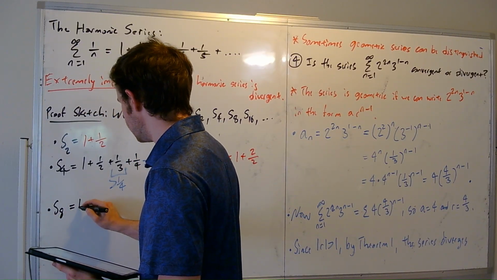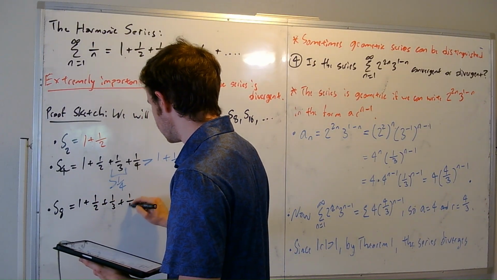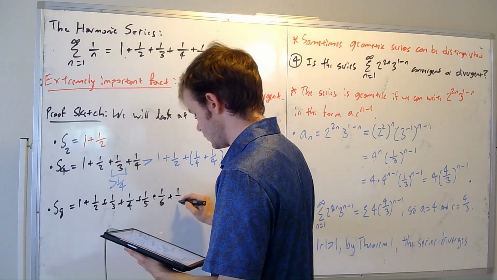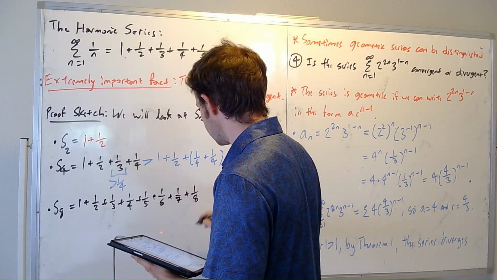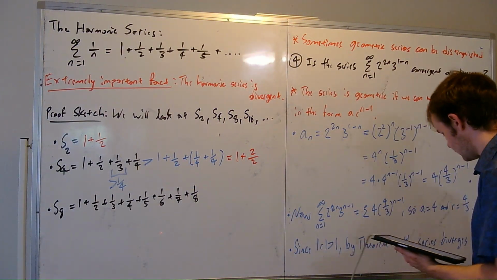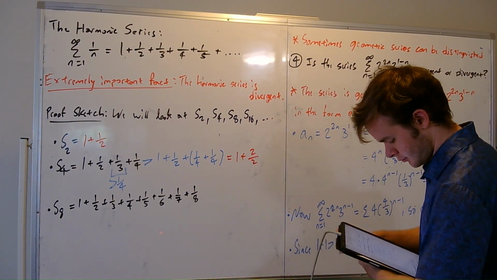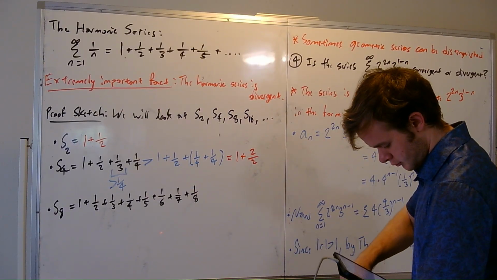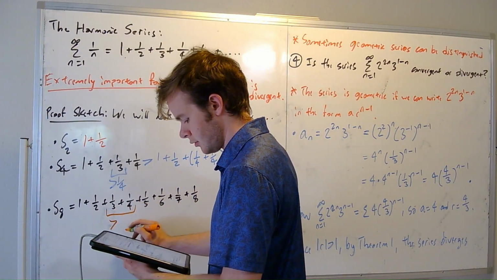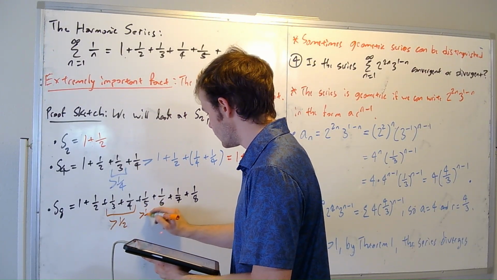And we're going to get, so this would be 1 plus, so I'm just going to write out all the terms. Okay, so if we write out all the terms, that's what we get. And I'll write here, let me just use a different color. So this part here is greater than 1/2. And for this part, each of these is greater than 1/8.